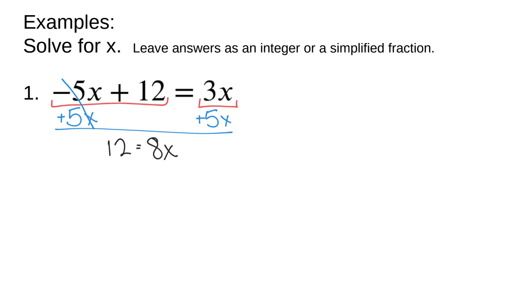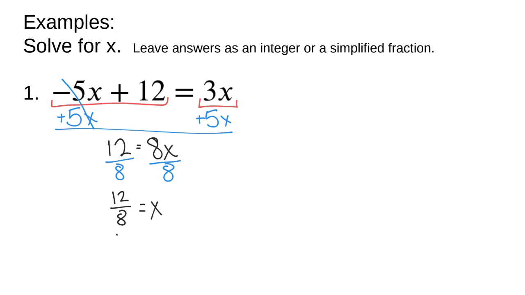We're almost there. Step 3 is we've got to get the variable by itself. This is where I want to take that 8 and move it off of the x. It is being multiplied, so the way we would move that 8 is divide.